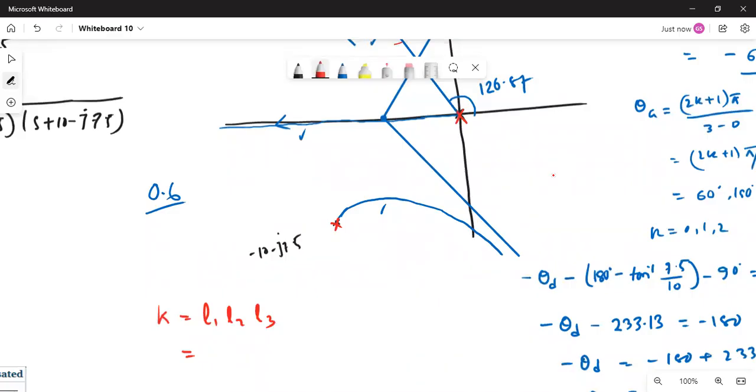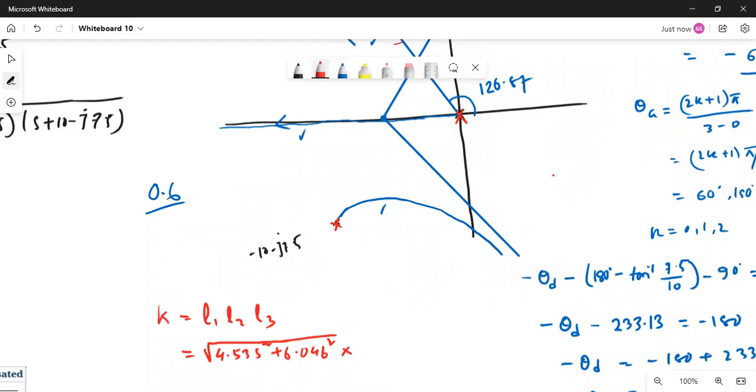Okay, so from the origin is simple. Just take the coordinates that you are given and square them. So 4.535 whole square plus 6.046 whole square. So this is your L1.